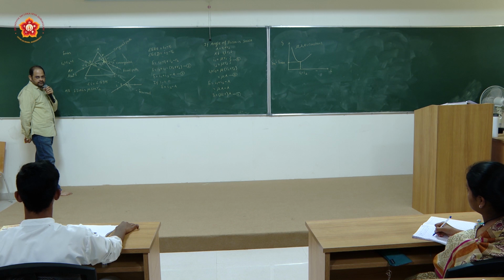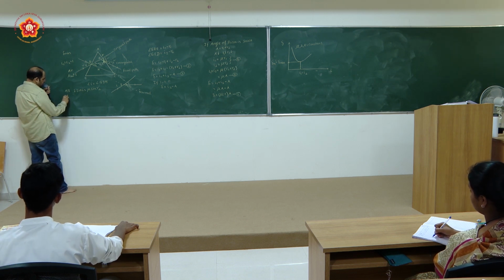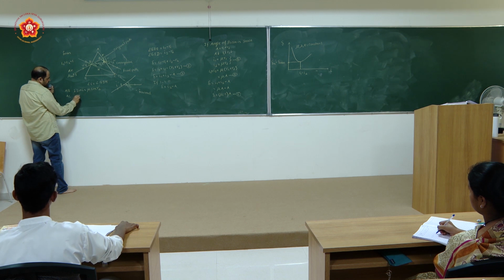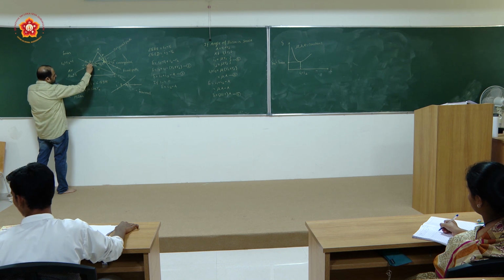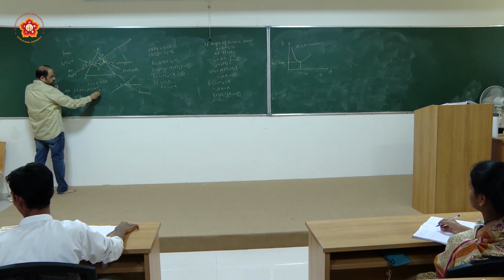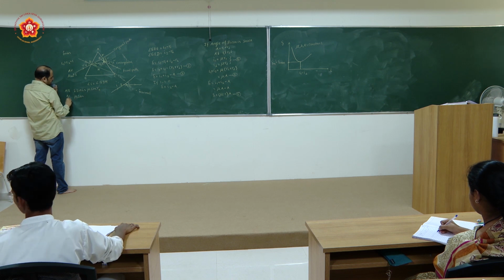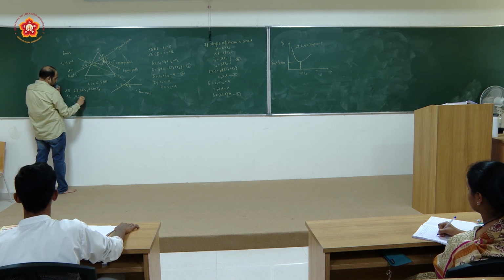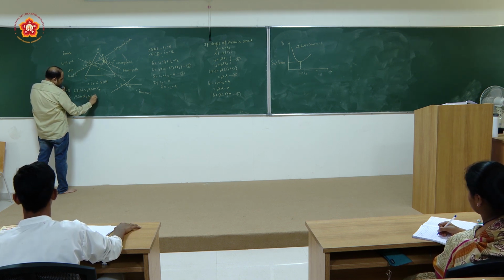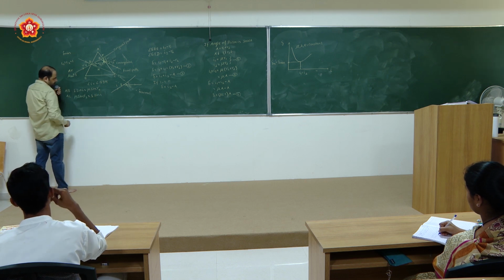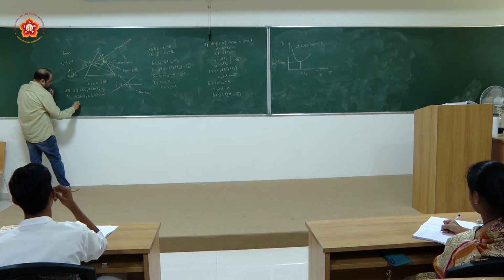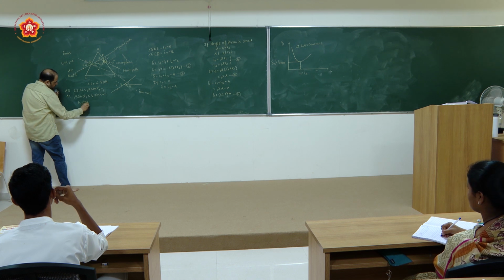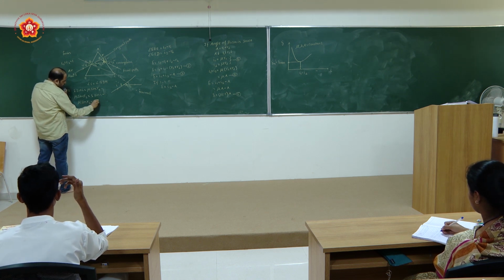Am I writing correctly? Then for the face AC, I will be writing here mu multiplied by sine of, sorry, this is R1. We are talking about face AB, so this is R1 here. Okay, at the face AC you will be having sine of R2 is equal to, you will be having 1 into sine of I. So if I combine these two equations, I will be able to write down mu sine of R2 will be equal to mu sine of R1.